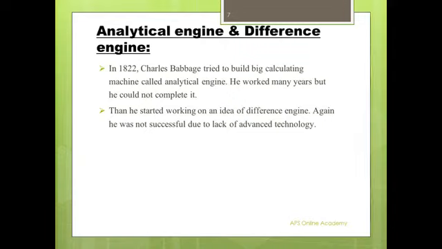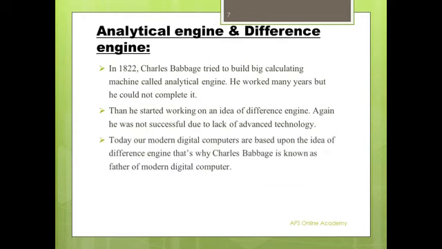The technology that was required for completion of analytical engine and difference engine was not available at that time. Today our modern digital computers are based upon the idea of a difference engine which was not completed by Charles Babbage due to the lack of advanced technology. So Charles Babbage is known as a father of modern digital computer because modern digital computers are based upon the idea of difference engine.